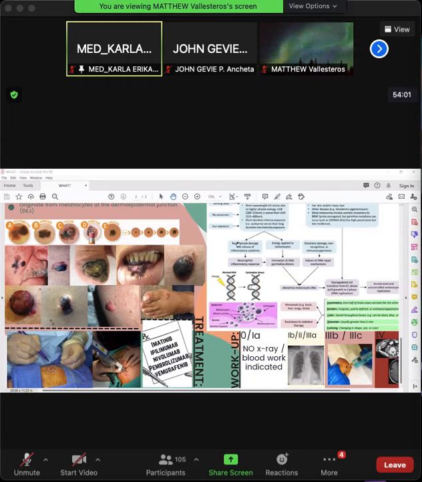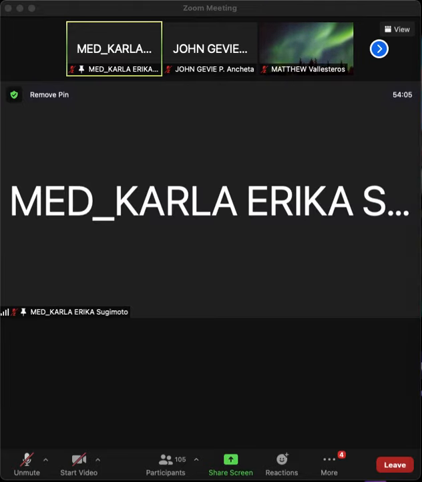Okay, so done na. So for melanoma, what you need to remember lang talaga is the ABCDs: asymmetry, border, color variegation, and diameter more than 6 millimeters. And then, one thing to remember na lang are the subtypes of melanoma, because mostly it would be due to sun exposure.